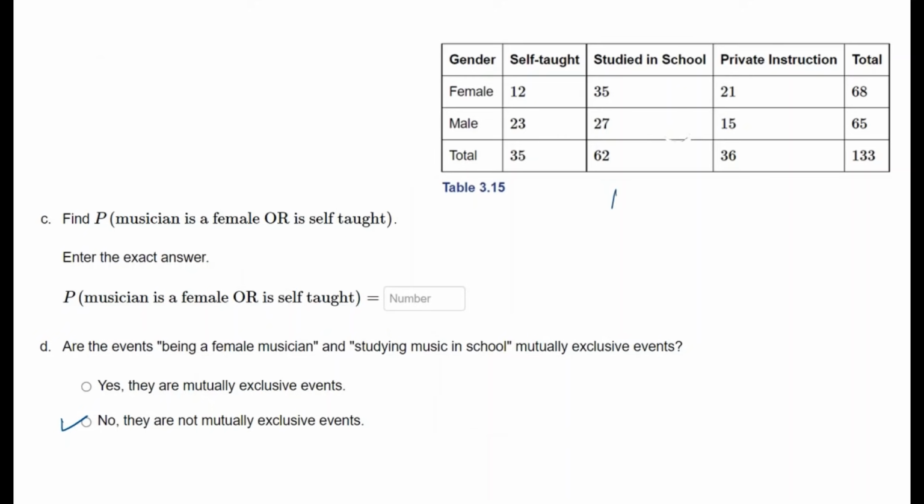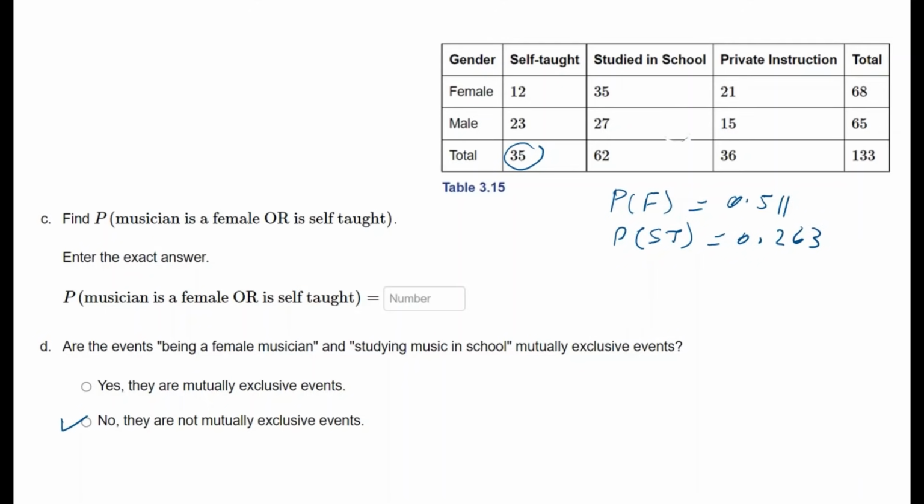So we write the probability that the musician is a female is 0.511, and the probability that the musician is self-taught will be the total number of musicians that are self-taught, which is given to be 35, divided by the total number, which is 133, and we get 0.263.